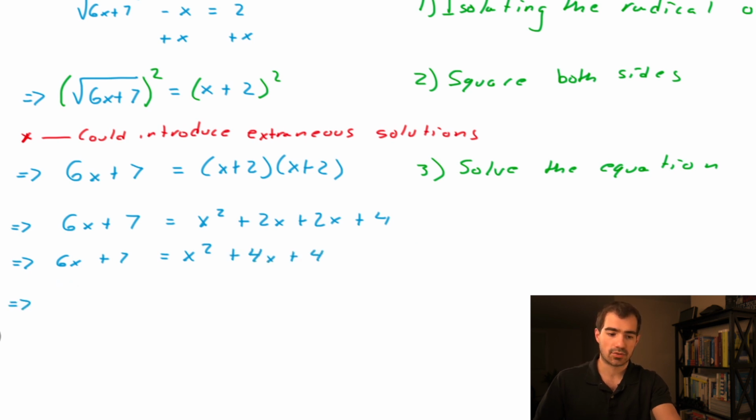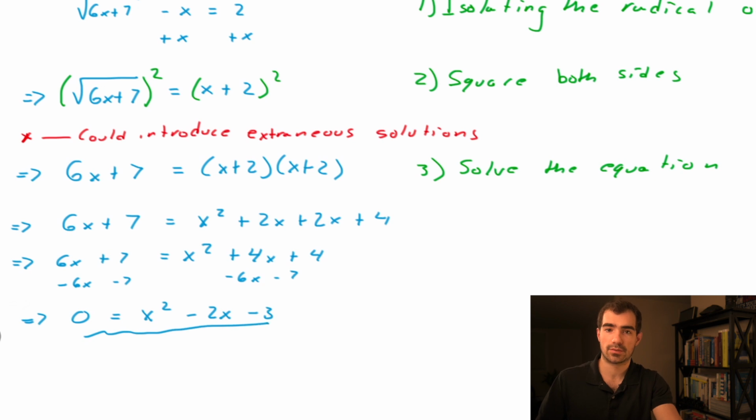We can then subtract the 6x and the 7 from both sides so that we set our equation equal to 0. This will give us x squared minus 2x, right? Plus 4 minus 6x gives us minus 2x, and minus 3 because 4 minus 7 gives us minus 3. And so we have a quadratic equation which we can solve.